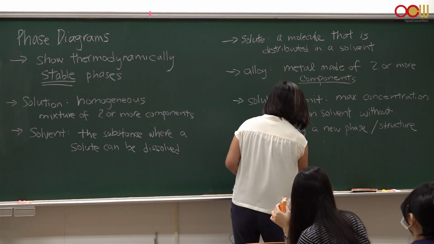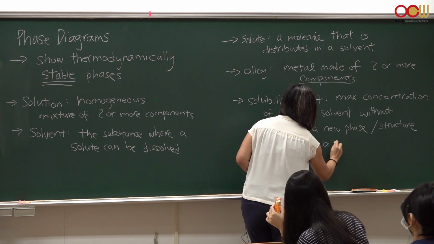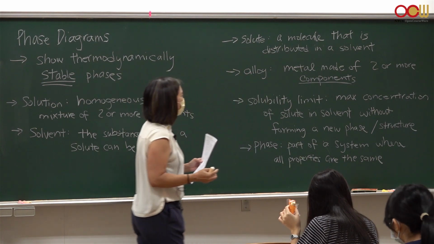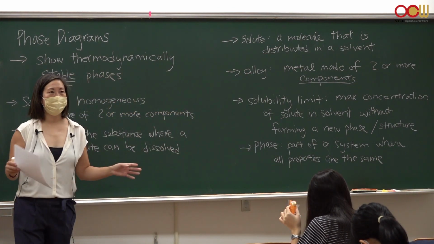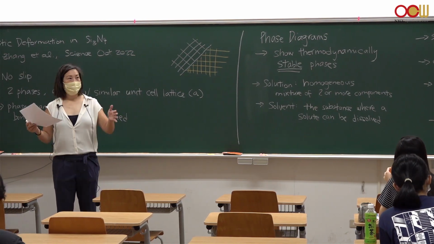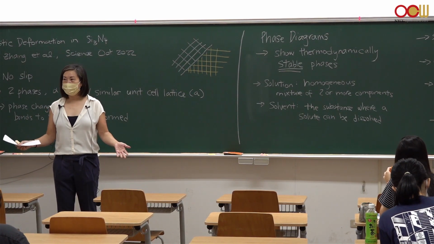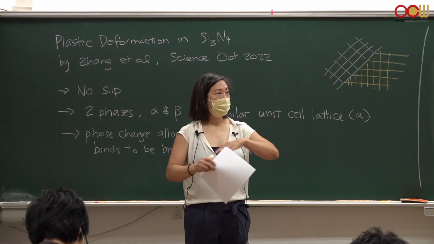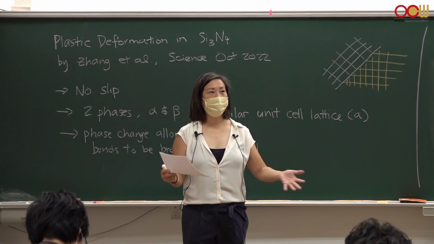A phase is a part of a system where all the properties are the same. So if you have a salt solution where all the salt is dissolved in the water, that salt solution has one phase, right? Because throughout the solution, everything is the same.